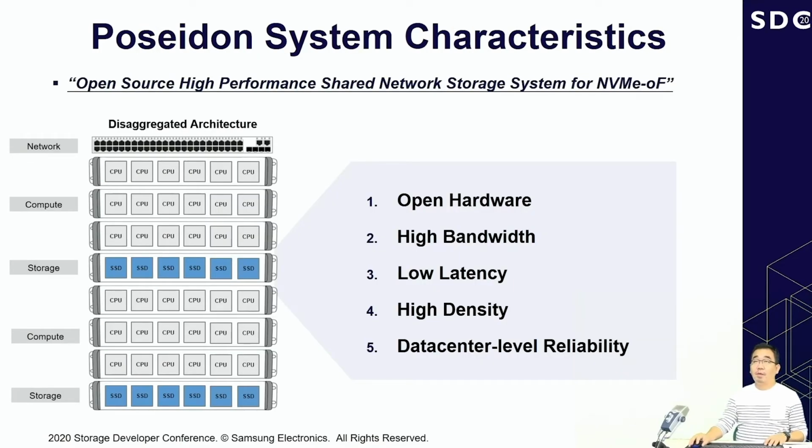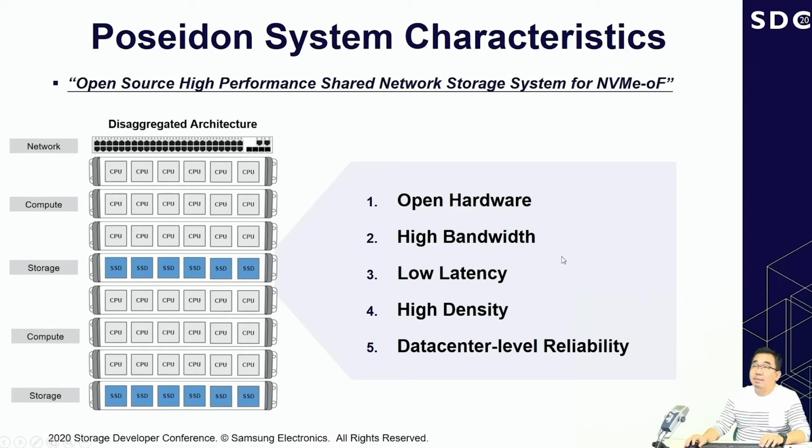So we defined our Poseidon system as an open source, high performance, shared network storage system for NVMe Fabric. If you look at the characteristics, it has open hardware. We think that if we open the software and hardware design, the ecosystem of NVMe Fabric will be expanded.